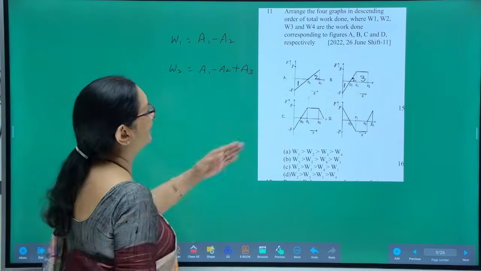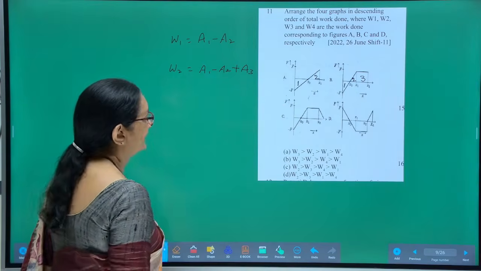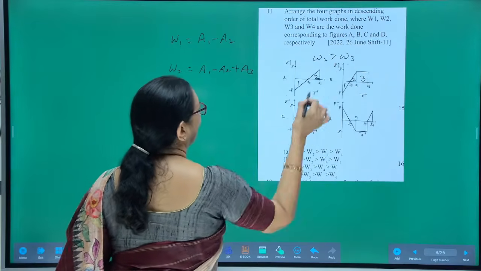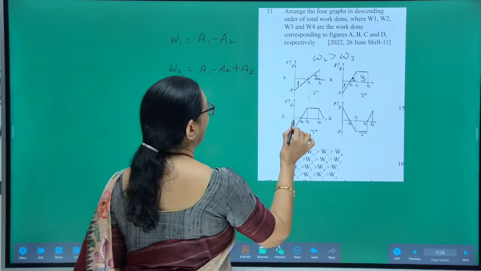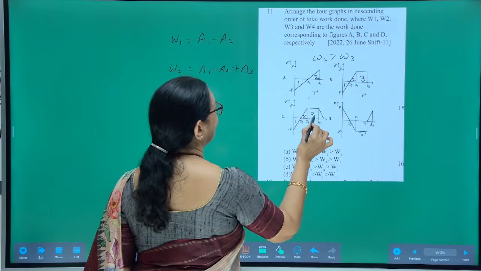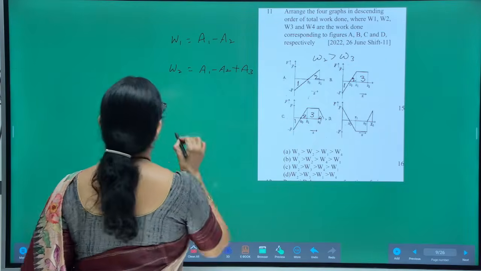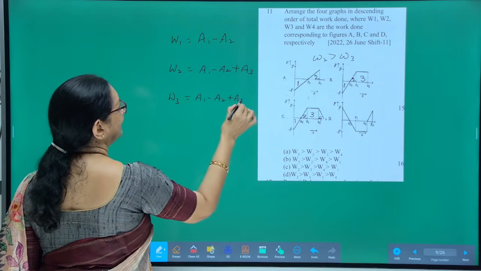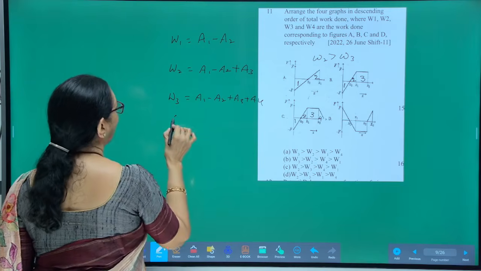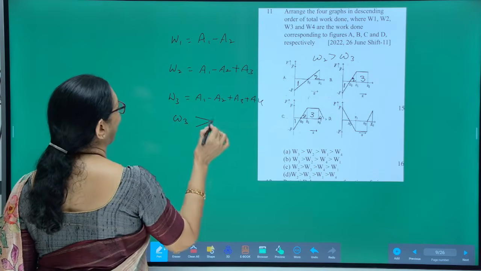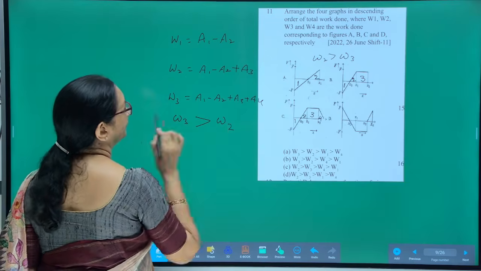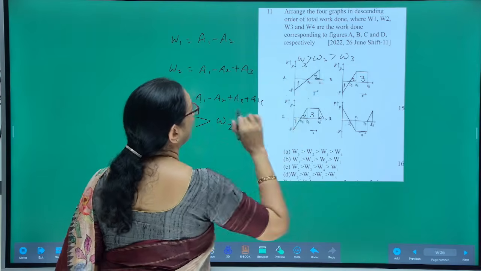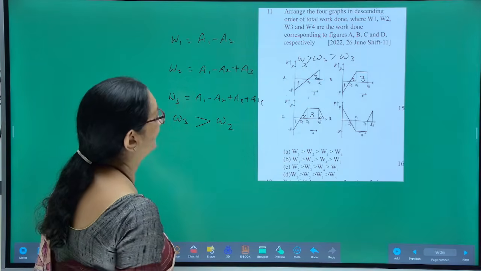Very obviously, W2 is greater than W1. Coming to this, this is A1, this is A2, this is A3, this is A4. So, W3 is equal to A1 minus A2 plus A3 plus A4. W3 is greater than W2, which in turn is greater than W1.